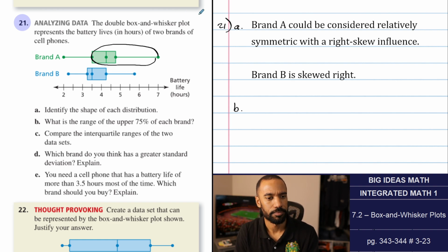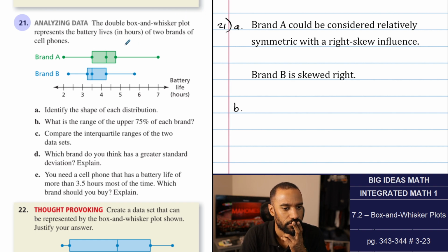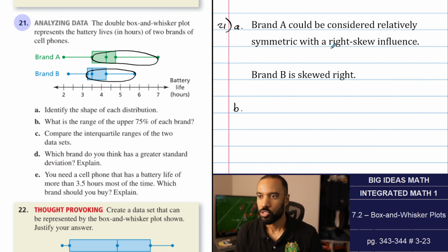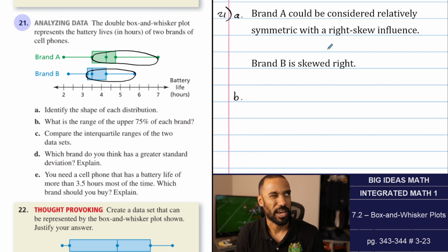Or do they mean upper 75%? That sounds right to me. I want to make sure that they didn't mistakenly say upper 25%. Okay. Because I was thinking 75th percentile and things like that as well, and I got a little confused. So part B, what is the range of the upper 75% of each brand?